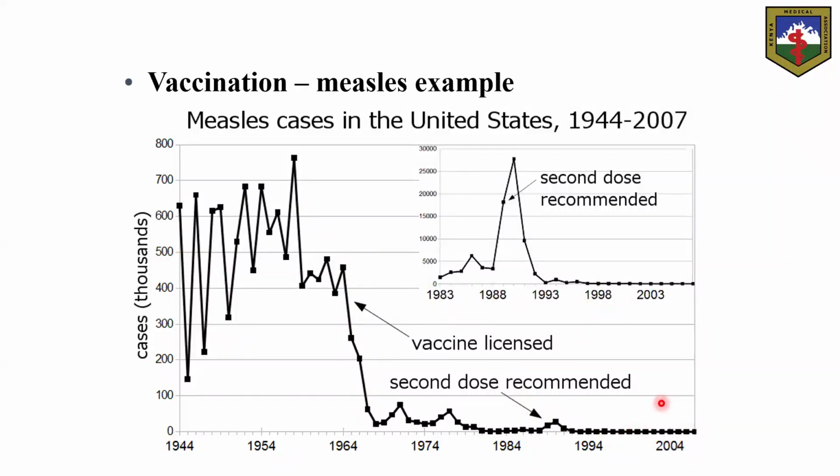The graph there shows there might be a bit of resurgence in some pockets or places where there's been a bit of anti-vaccine conversations going on. And the effect of the second dose, this is just extrapolating that part of the graph to just show you why the second dose was recommended, because there was a peak that was coming in.